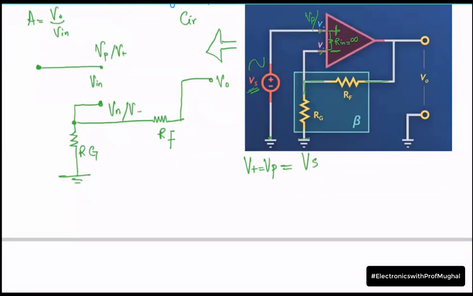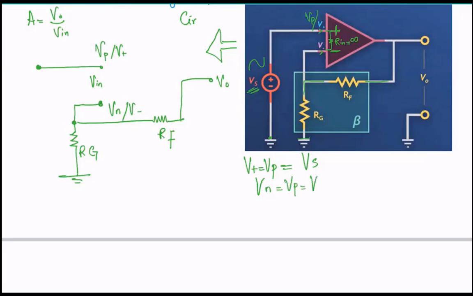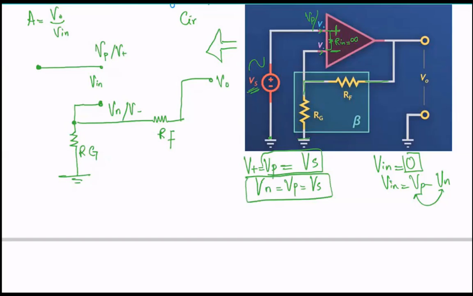So if VP is equal to Vs, can I write down Vn equals VP equals Vs? Is that okay to say that? Yeah, because remember, ideally you want Vd, which is Vp minus Vn, to be 0. So if they are the same, only then you get 0, right? So if Vp is equal to Vs, then surely Vp should also equal Vn, correct?